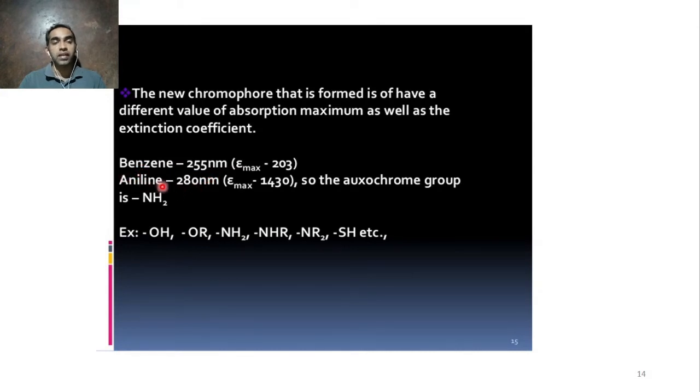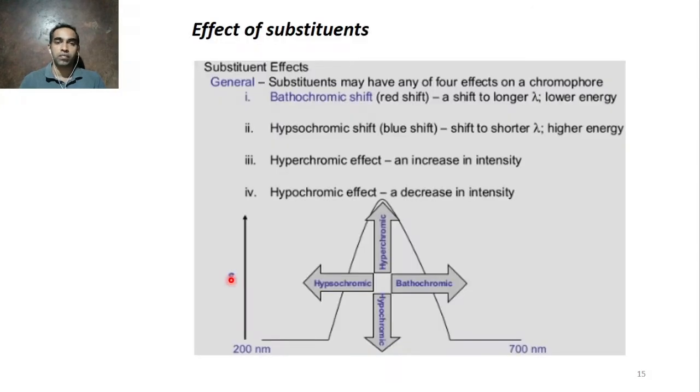In aniline, it is 280 nanometer. So because of the NH2 group, that is the auxochrome, this is shifted to higher wavelength, a bathochromic shift. When there is a bathochromic shift, epsilon max will also increase. It's the same result you will see in the presence of OH, OR, NH2, all these groups.